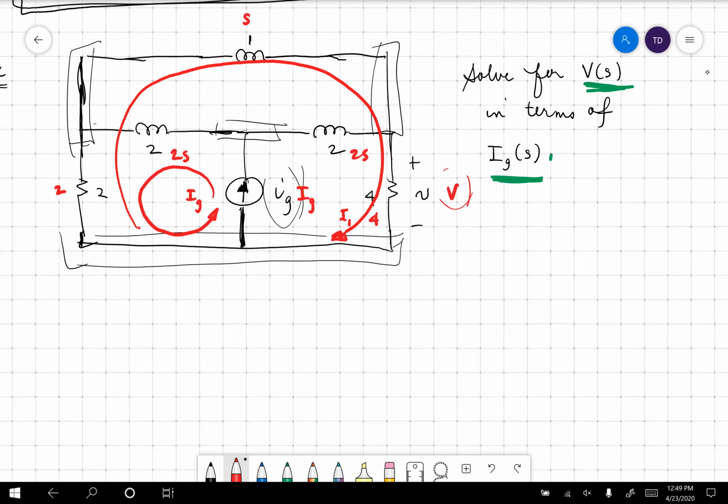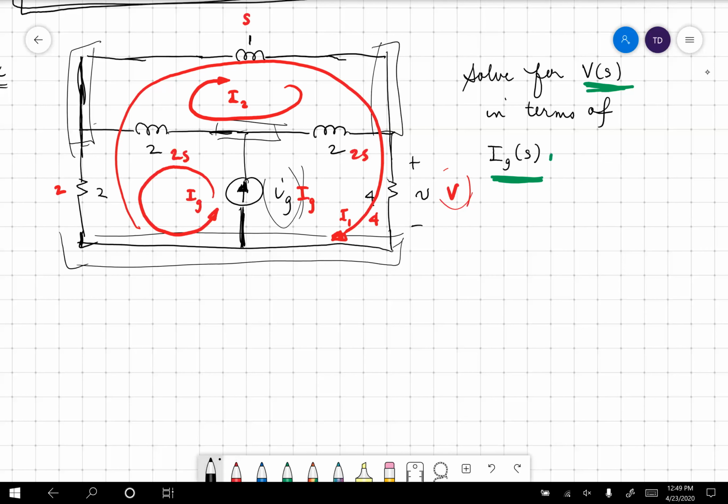And then I need an I2. There are always a handful of choices. Remember that. I'm going to choose for I2 this one right here. Have we covered all of our circuit elements? Looks like we have. That should be a complete set.